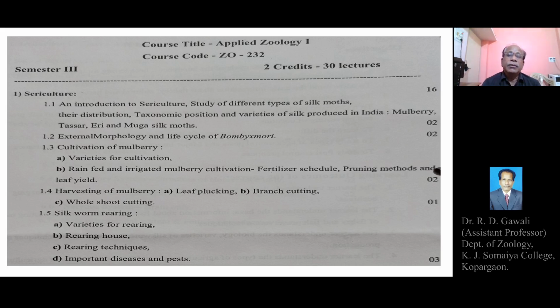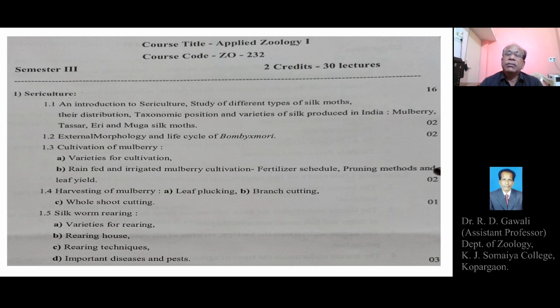Univoltine varieties of the silk moth Bombyx mori undergo only one generation in a year, and hence the cocoons from such a variety can be harvested only once in a year. So this is a monocrop variety, where we can get cocoons only once in a year.